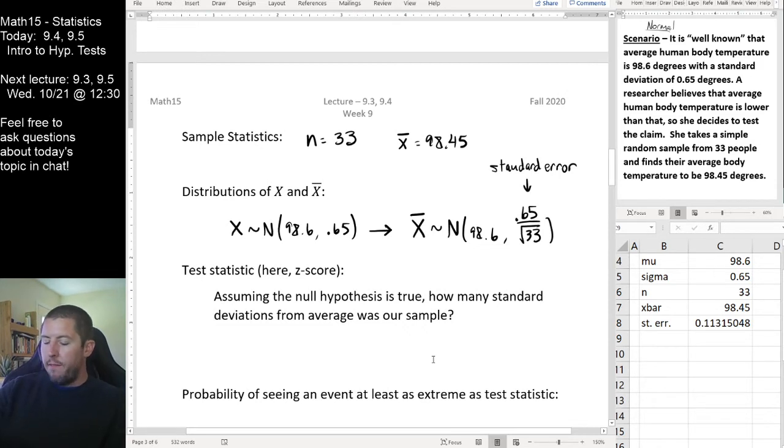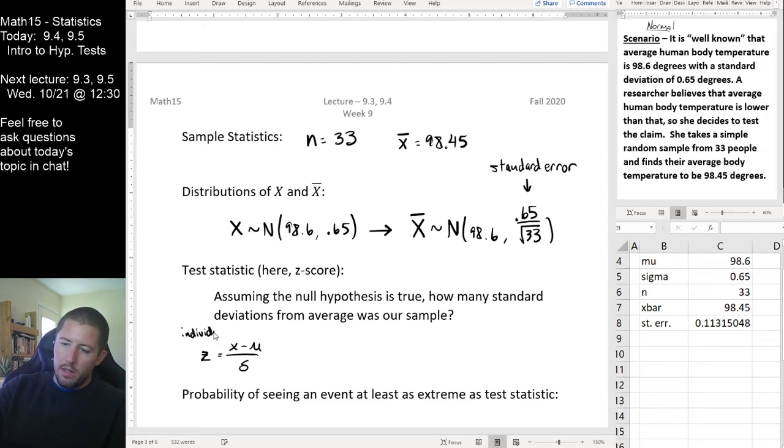What we first saw this semester is that we compute z-scores as x minus mu over sigma. But this is for individuals. We are now talking about entire samples that we want to compute a number of standard deviations for. So we're still going to form something that's exactly of this structure right here.